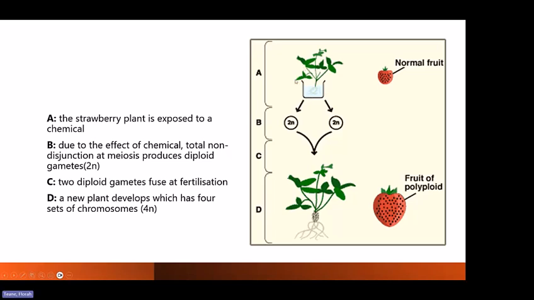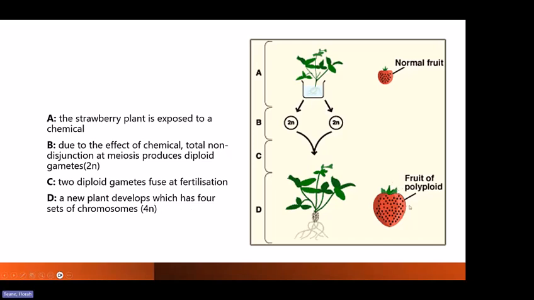This is a strawberry plant which is exposed to a chemical. They apply a chemical here, and B, due to the effect of the chemical, there's a total non-disjunction at meiosis. And then number C here, two diploid gametes fuse at fertilization, and the new plant that develops has 4 sets of chromosomes.